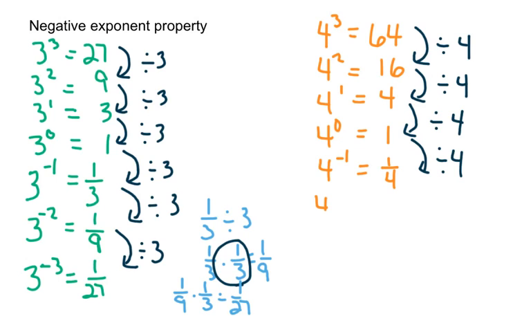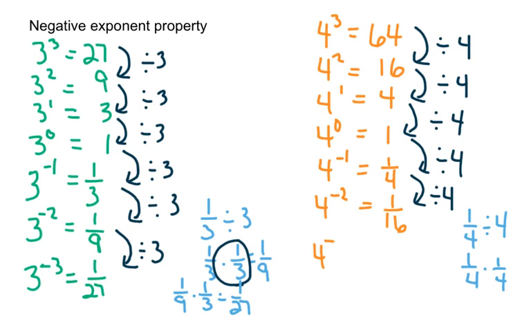If we have 4 to the negative 2, we are going to take that 1/4 and divide it by 4. Dividing by 4 is the same as multiplying by 1/4, so that results in 1/16.